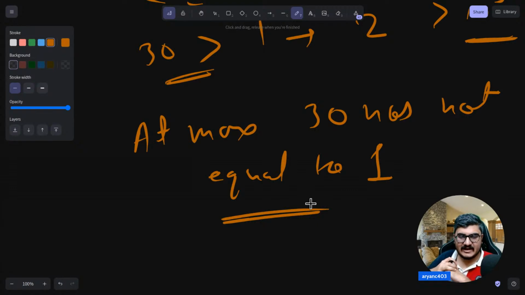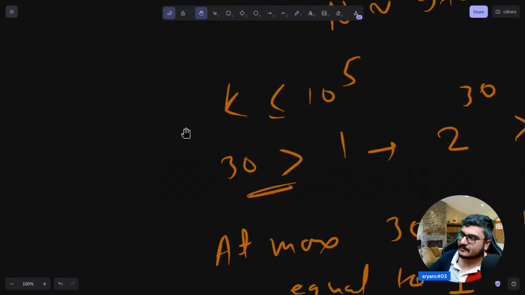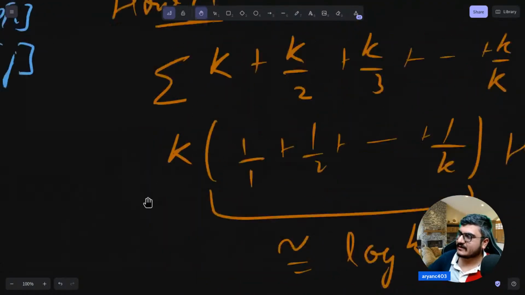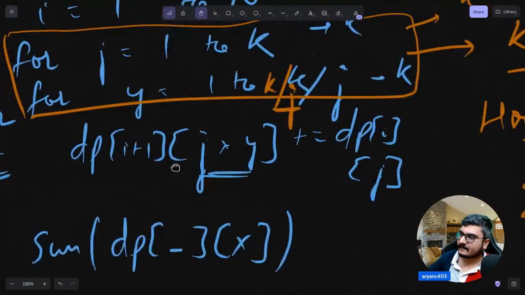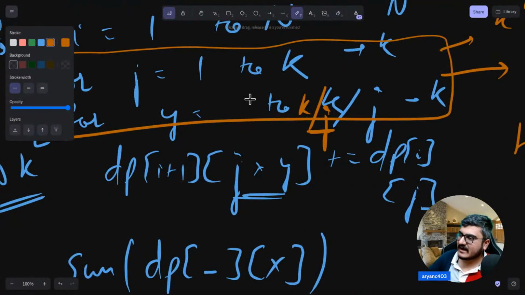So my idea would be to look at the same DP here. Earlier I was running a loop from j equal to y equal to 1, right? Let's say I will only add numbers from 2 here. So first I count.